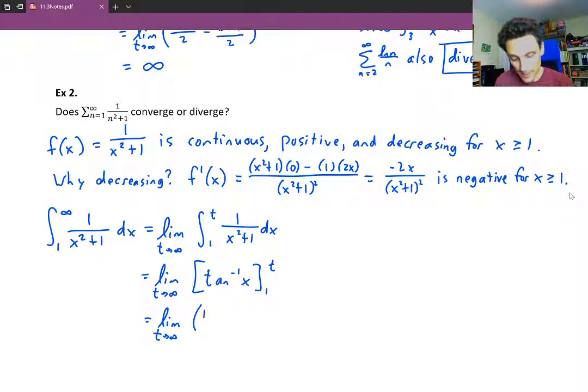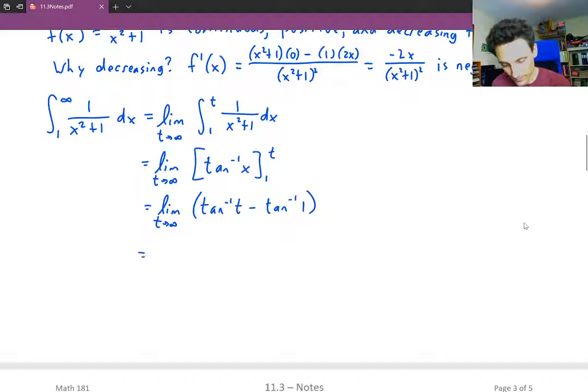So we've got inverse tan of t minus inverse tan of 1, and we take the limit as t approaches infinity.